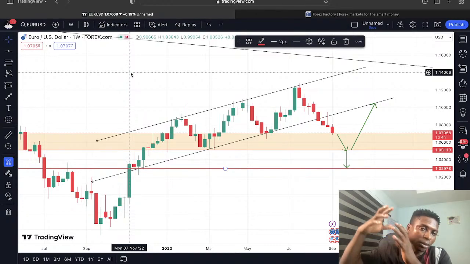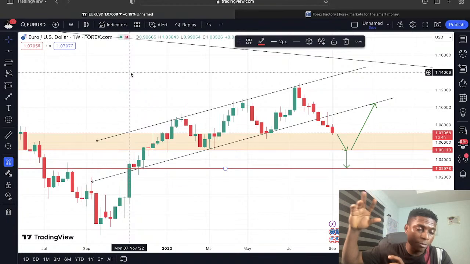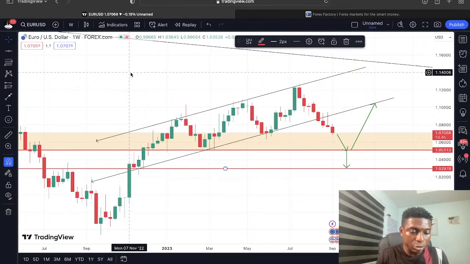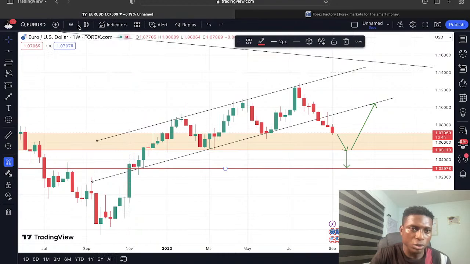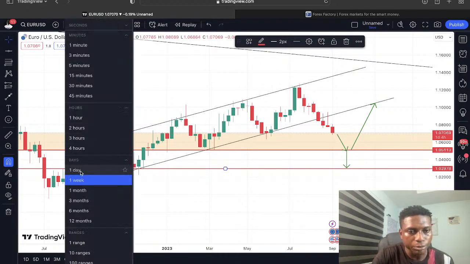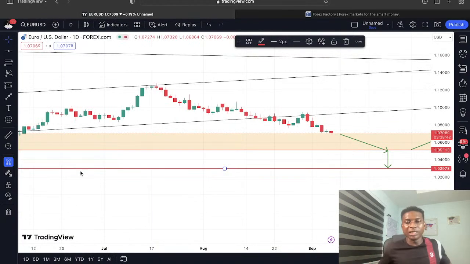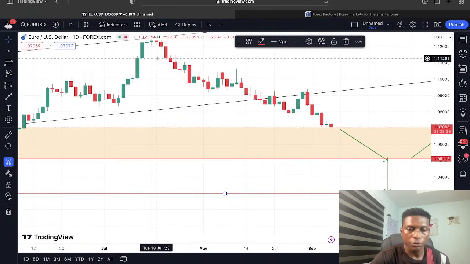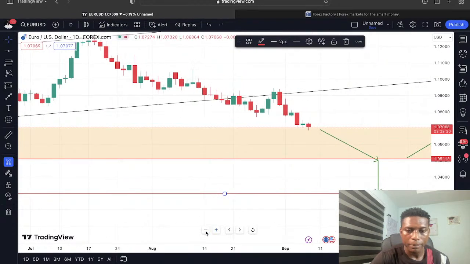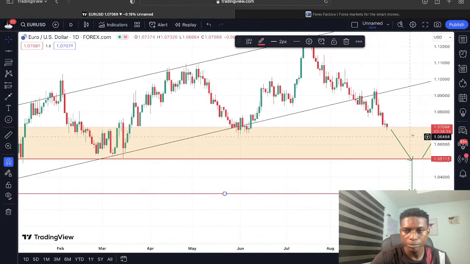All right, when you are coming from a broader view, which is the higher time frame, and going down into the lower time frame, you get to have a more clear perspective and interpretation, okay, of what is going on in the higher time frame. So let's go to the daily time frame.